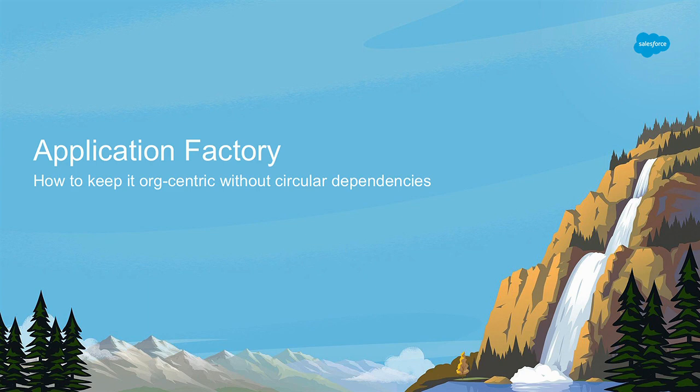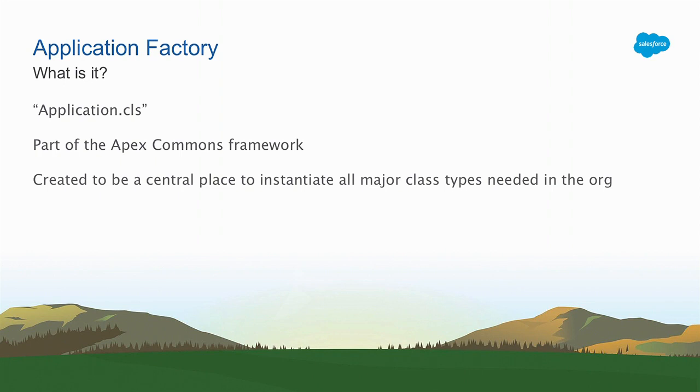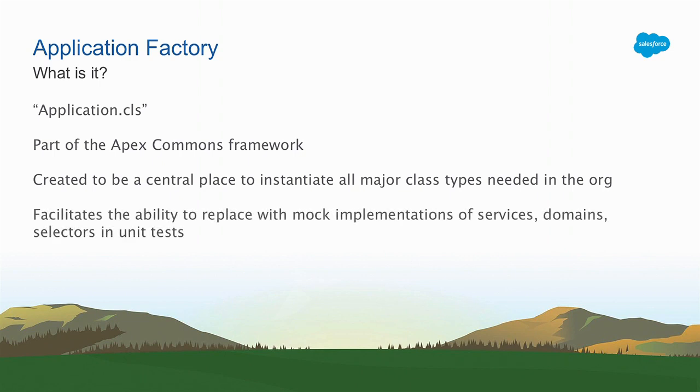First of all, just a quick show of hands, those people that have used Apex Commons, how many people know what I'm talking about when I talk about the application factory? Good. All righty. So basically it's the application class. It's part of the Commons framework, and it's created to maintain the mappings of all the different class types that need to be instantiated through the org. So it becomes a one-stop shop to get all the classes and information that you need.